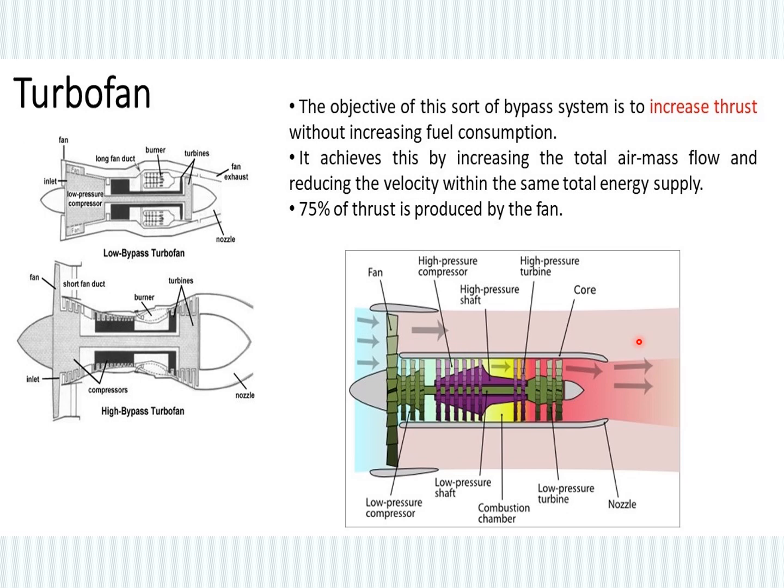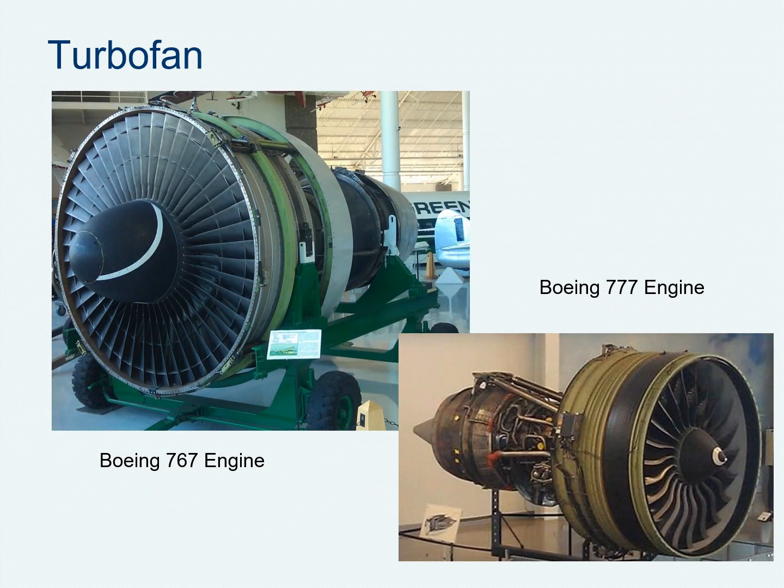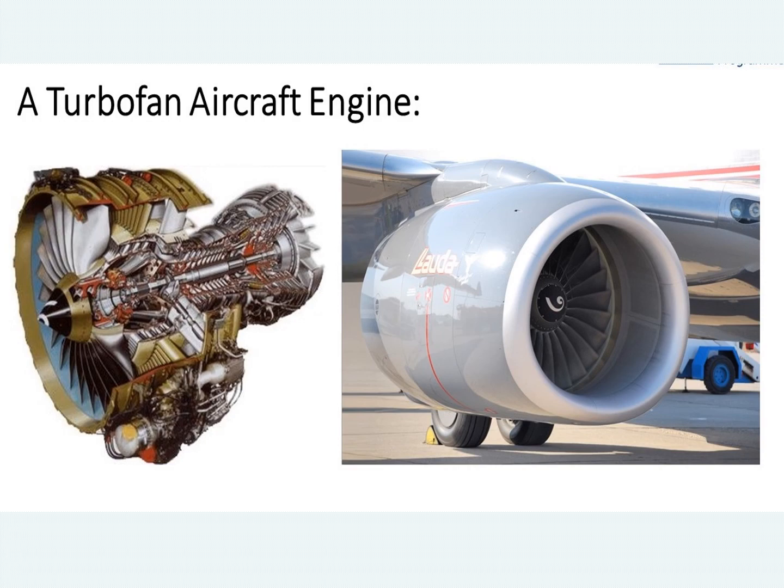Depending upon the bypass ratio, the thrust of the turbofan engine varies. The main objective of the bypass system is to increase the thrust without increasing the fuel consumption. That's why this is the most efficient engine. These are a few turbofan engines.